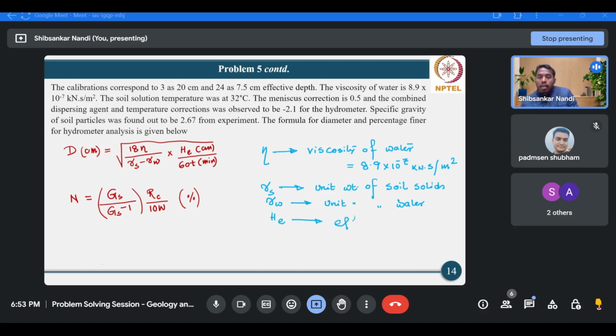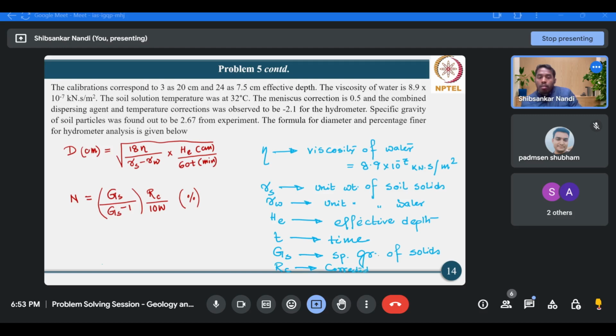HE is the effective depth which I was talking about. And T is the time. Coming to the second equation, GS is the specific gravity of solids, and RC is the corrected hydrometer reading.